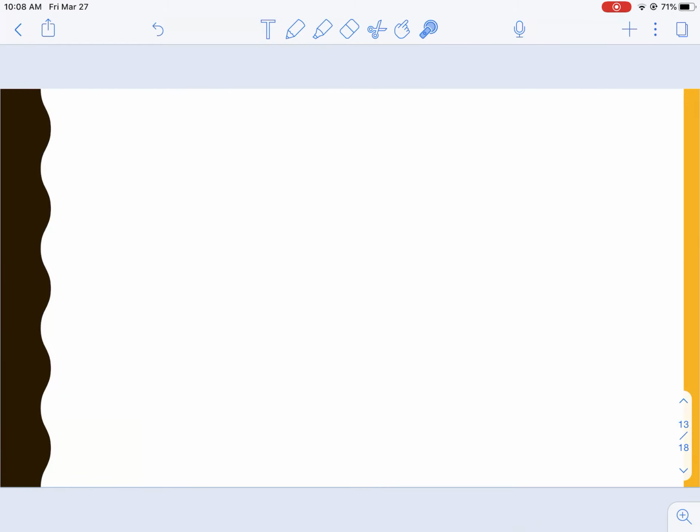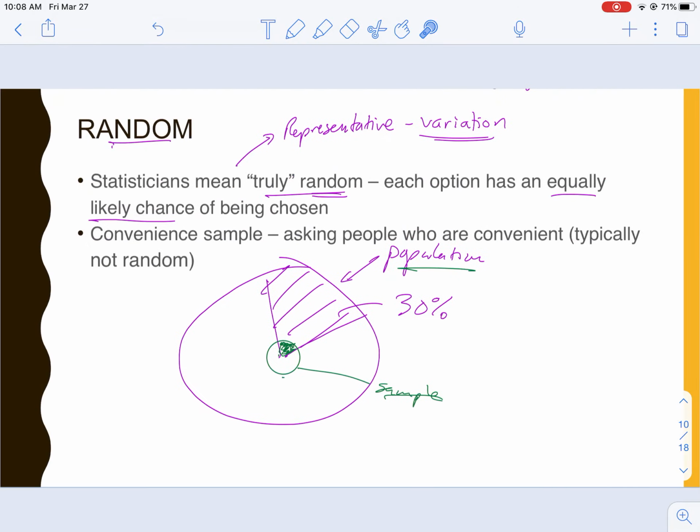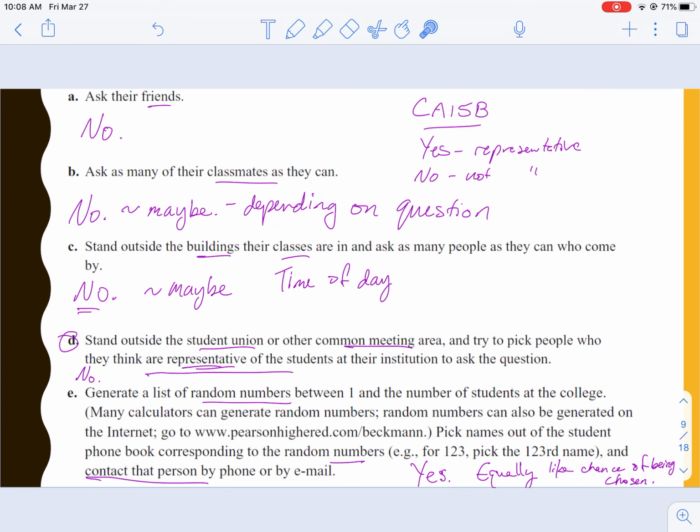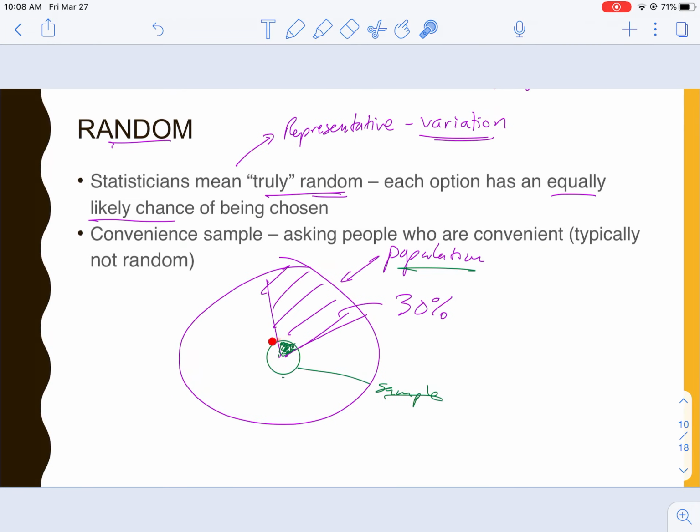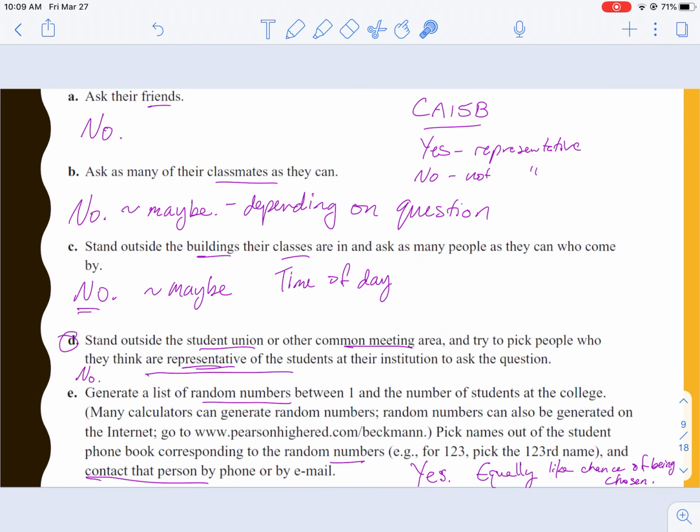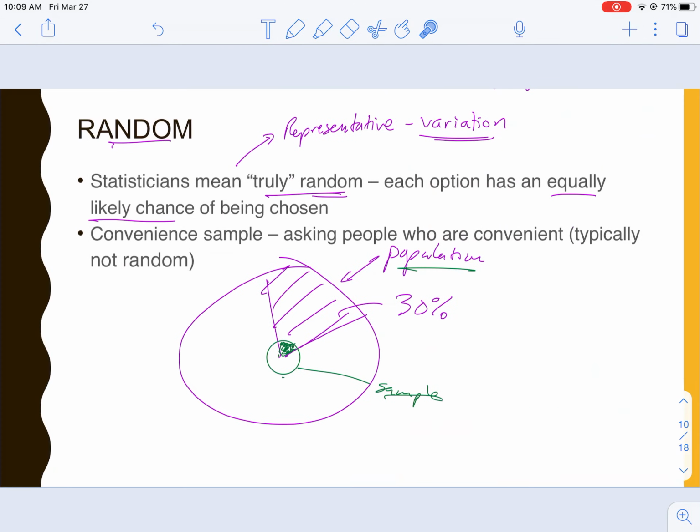And so I just want to point this out, that getting something that's truly random is challenging, and really the best way to do that is by using random numbers to get a random sample that will more likely match the population than if we just happen to choose them in one of these other ways.